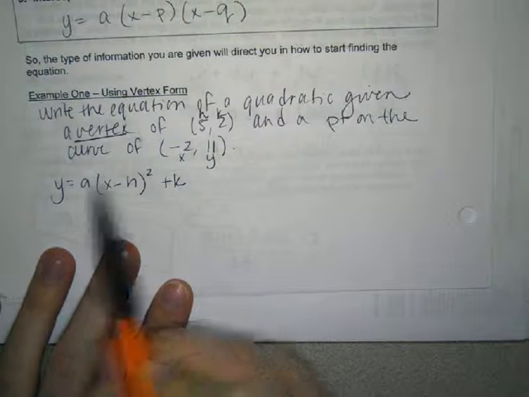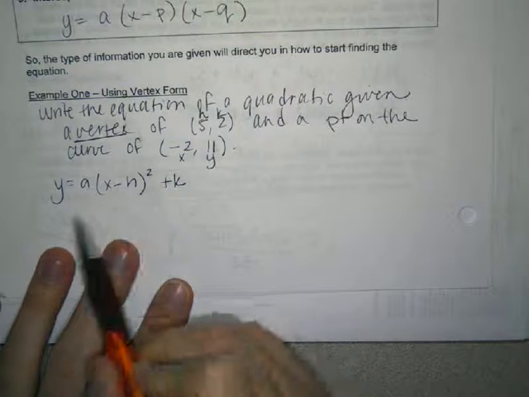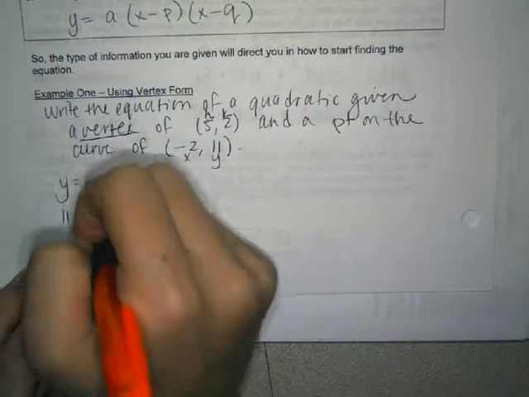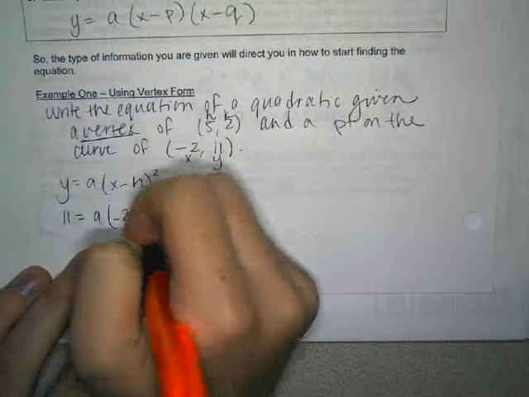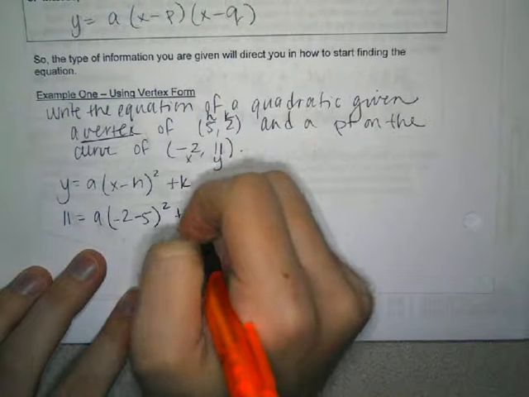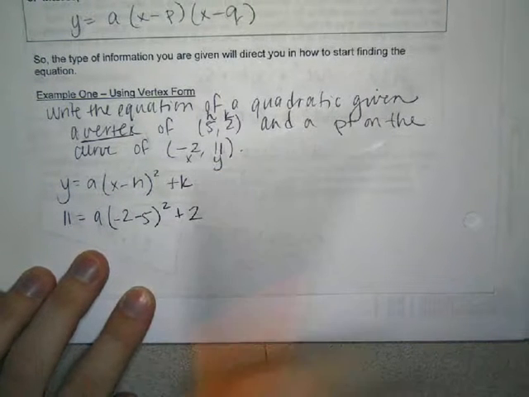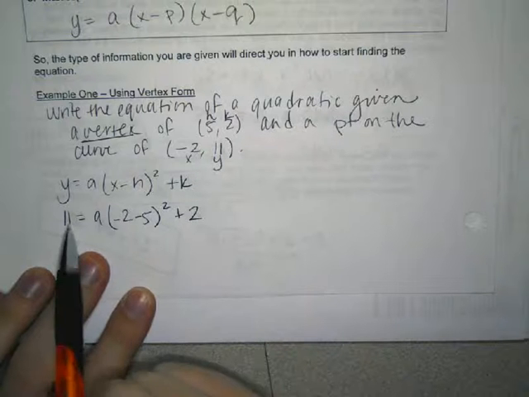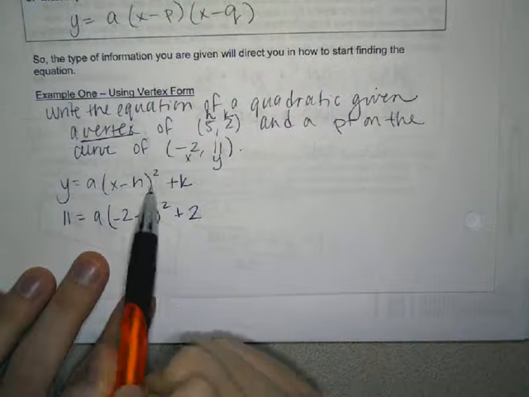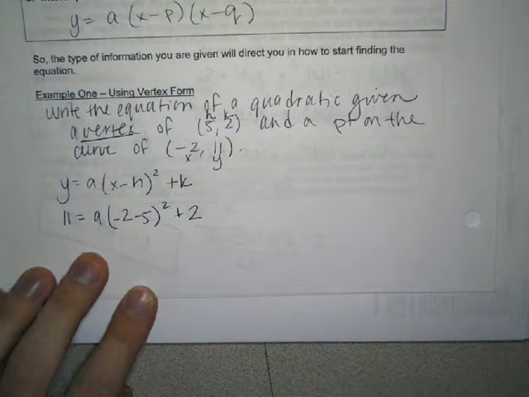So we've done this a few times in some other scenarios. We're going to plug all these back in and solve for a. And you actually did this in your catapult project. You did something very similar to this. So I plugged in 11 for y, -2 for x, 5 for h, and 2 for k. And I'm going to go ahead and simplify.